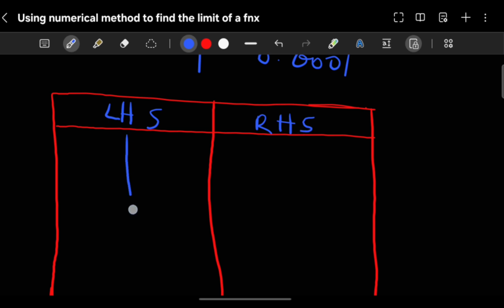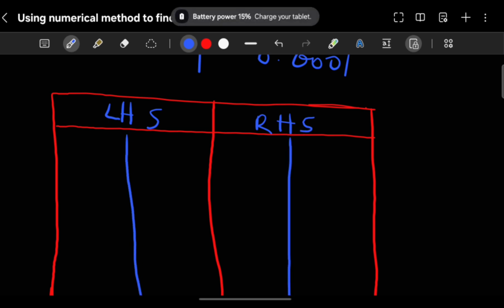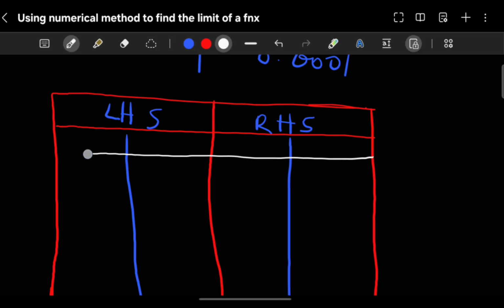Then after that we divide it into 2 again. After dividing it into 2, what are we going to write? We're going to write that this is x and this is f of x, then this is x, then this is f of x, right?